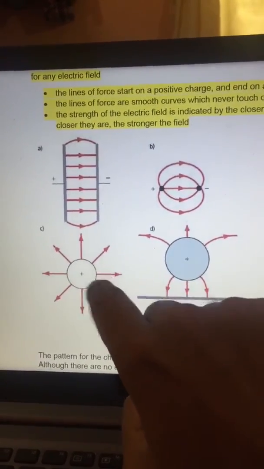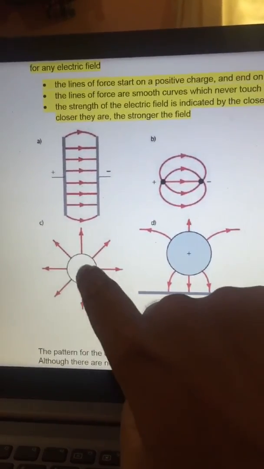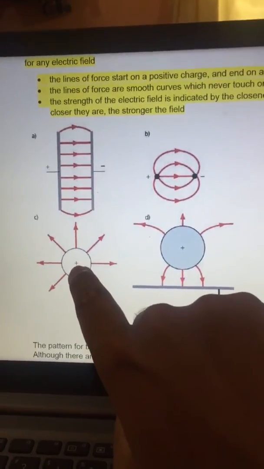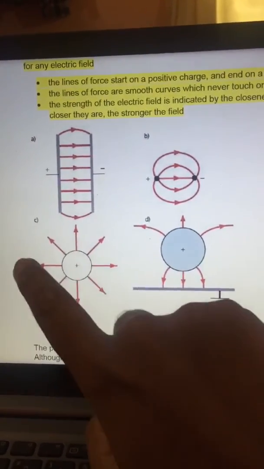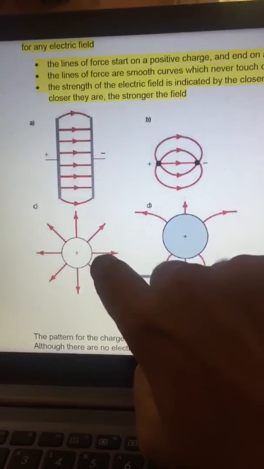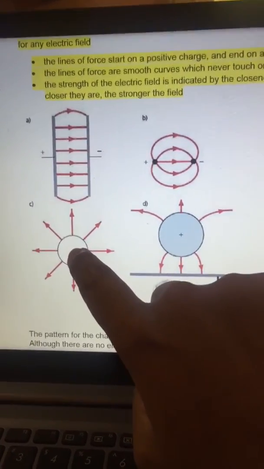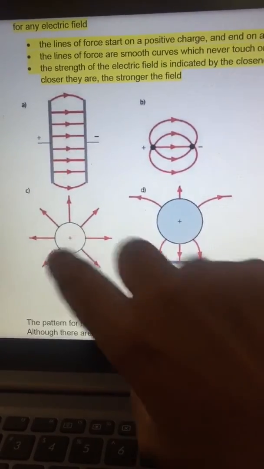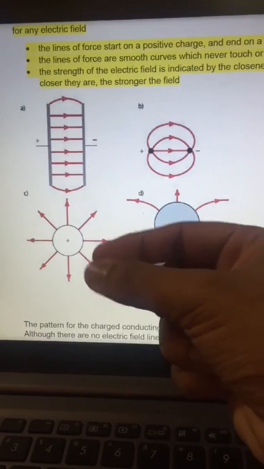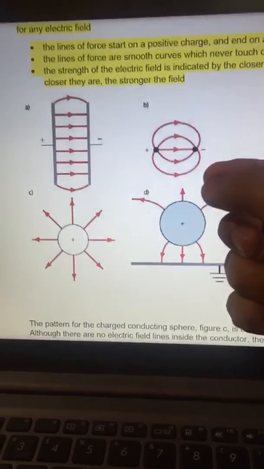But the beauty is all these appear to be coming from the center of the positive sphere, right? Inside there are no field lines, but the field lines outside appear to come from the center, which means that you can treat a very small sphere as an approximation for a point charge.